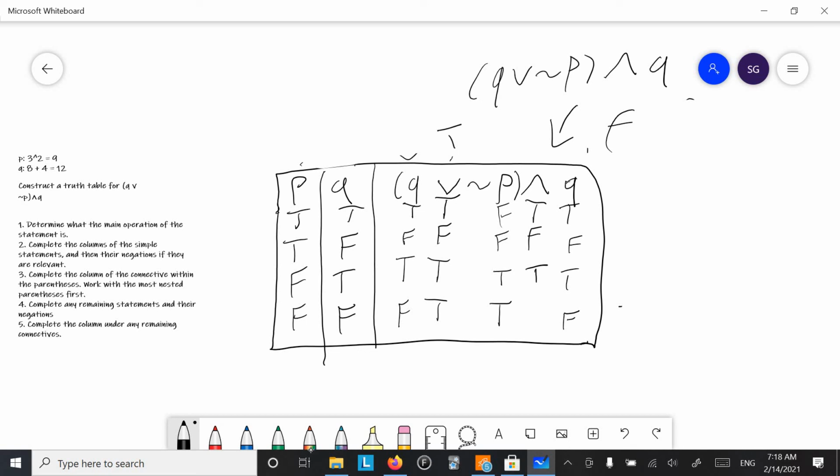We remember that both of them have to be true for the conjunction to be true, so this is false. So yeah, that's how you solve a slightly harder truth table. I hope this helps, and I will come back at you with another harder example that we can work through.